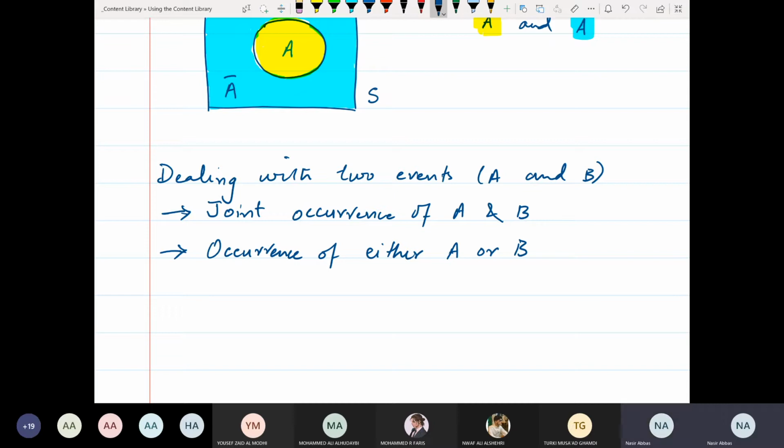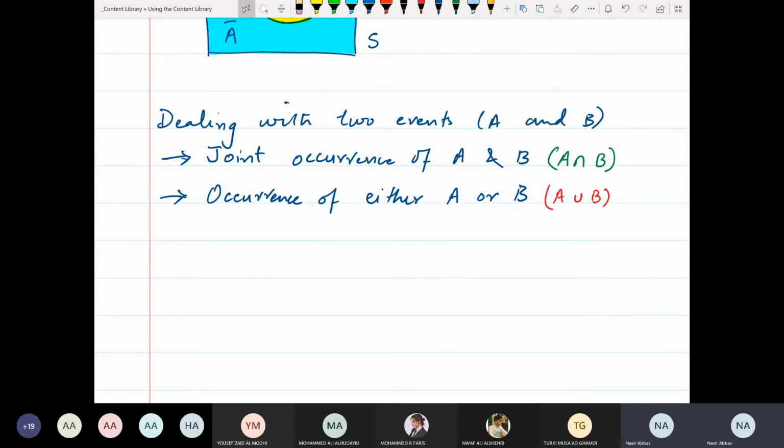In set theory, this joint occurrence of A and B is denoted by A intersection B. And this occurrence of either A or B is denoted by A union B. This A union B can also be termed as occurrence of at least one of the two events.